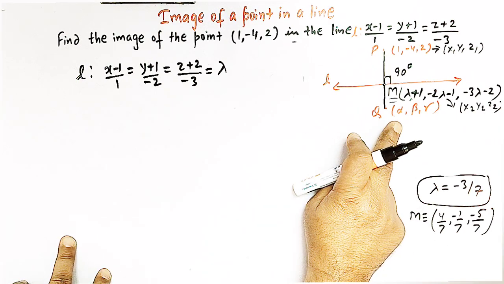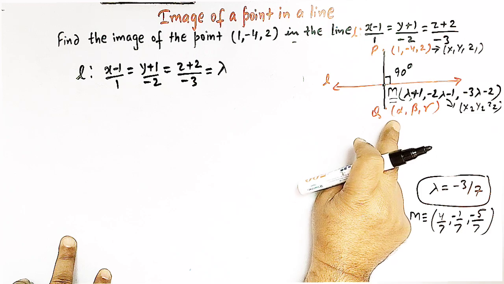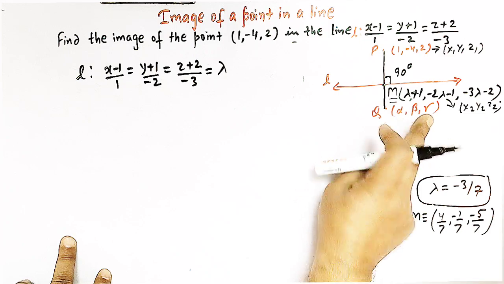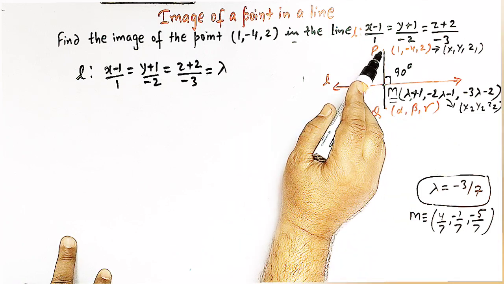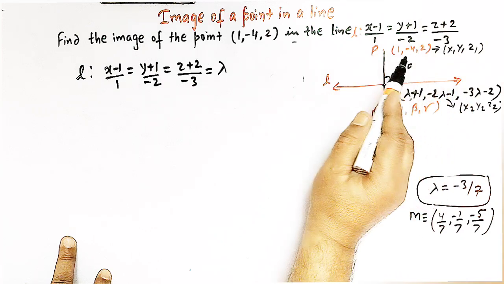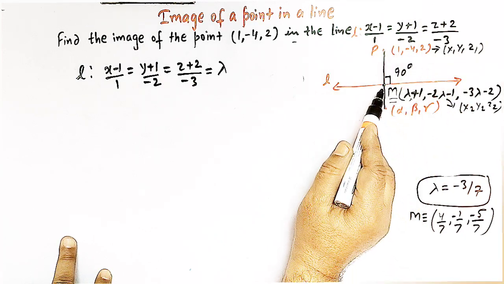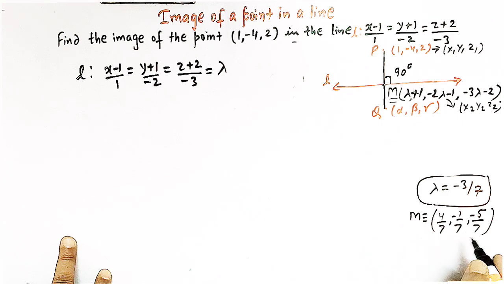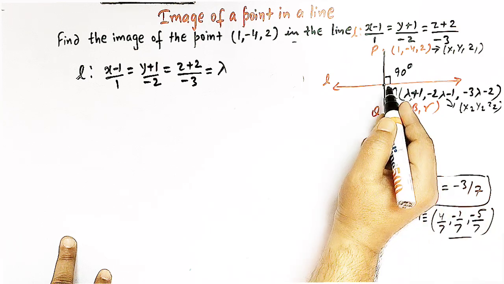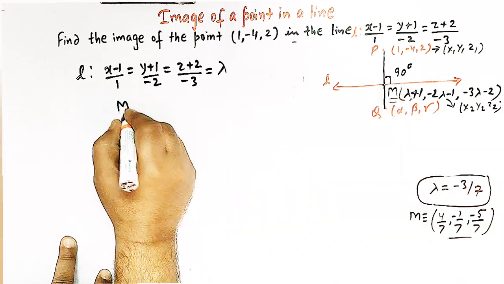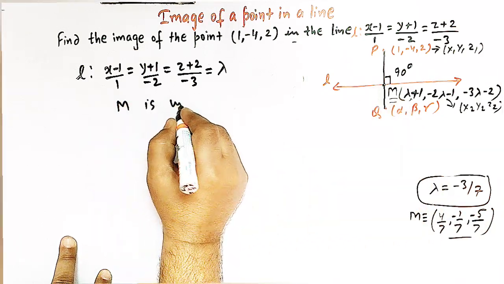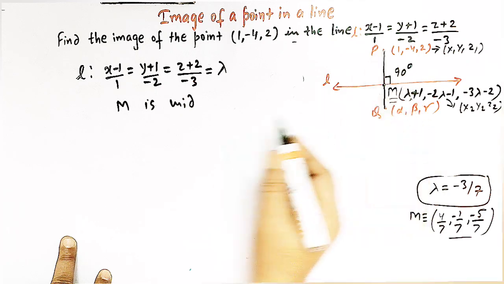So now we can find out the values of alpha, beta and gamma using the coordinates of the point P, which are already given as 1, minus 4, 2, and we have just found out that the coordinates of M are given by 4 over 7, minus 1 over 7 and minus 5 over 7. Now M is the midpoint of the line segment PQ.